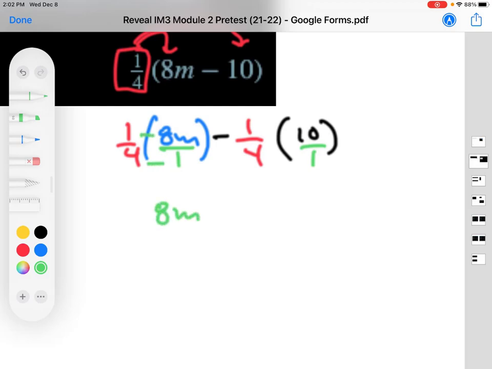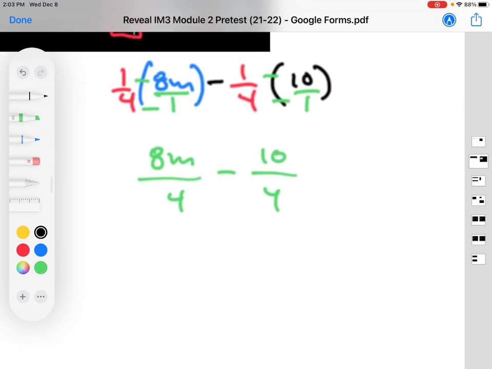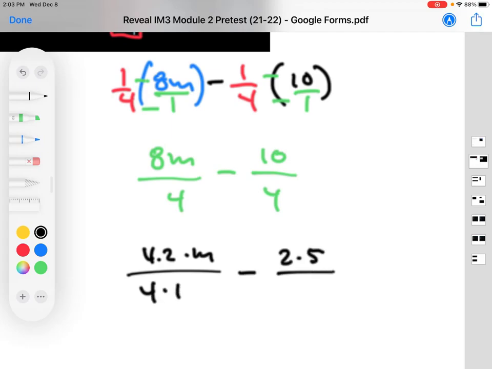So you have 8m over 4 minus 10 over 4. See, I'm just multiplying across here. And you could just multiply or break them down into factors. 4 times 2 times m, 4 times 1, 2 times 5, and 2 times 2.